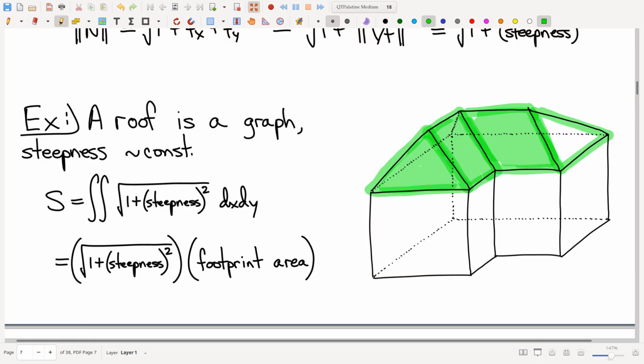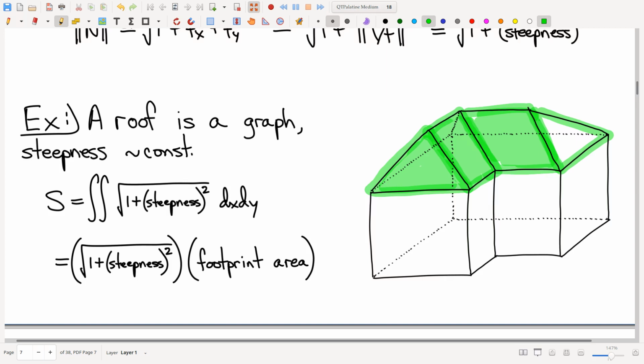If you want to double check and make sure you're not getting overcharged to the tune of possibly several $1,000s, here's a little slick move that you can do. I think this is a lovely calculation. Realize that your roof is not only a surface, but it is a graph. Passes the vertical line test.